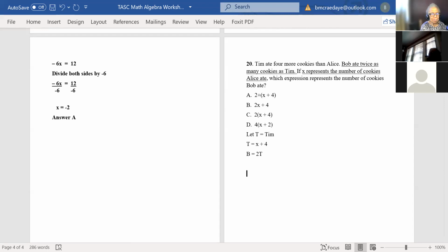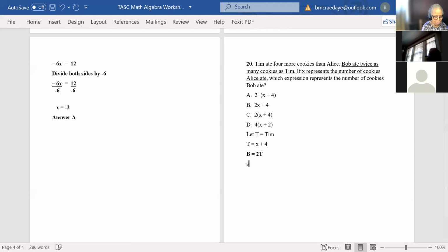Let me see. This is what I want to solve for right here. I want to solve for B. So how do I solve for B? Bob. We solve for T. But we know T. T is X plus 4, right? So what can I do now?